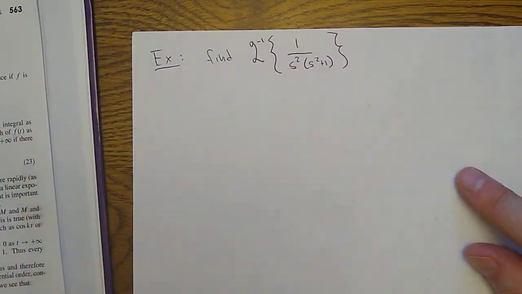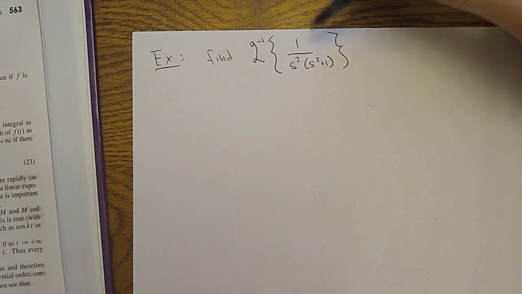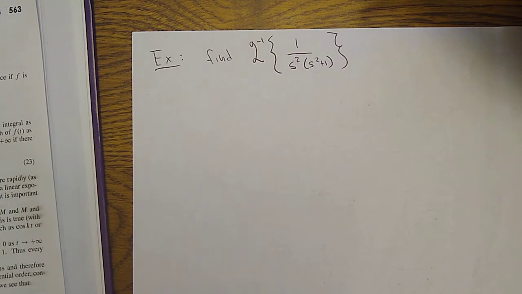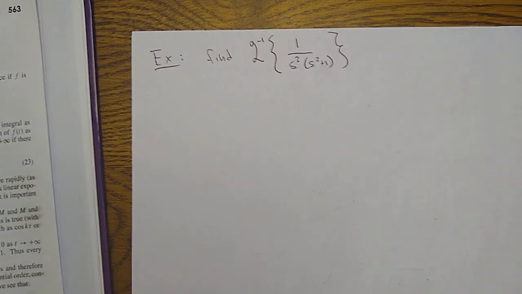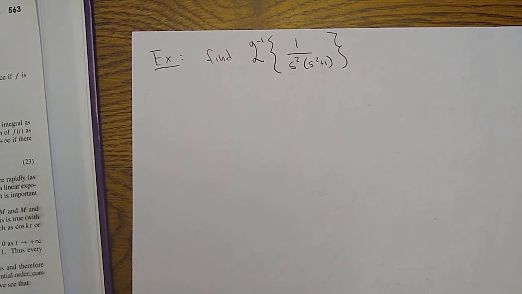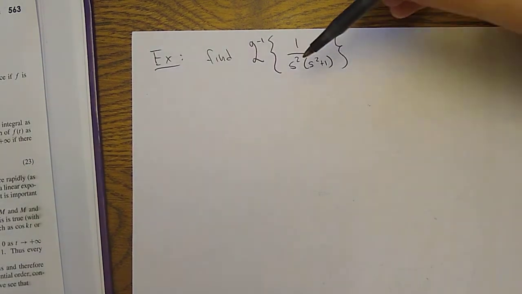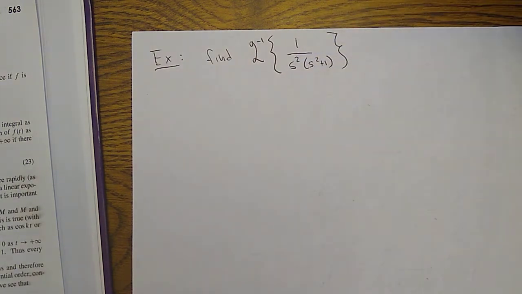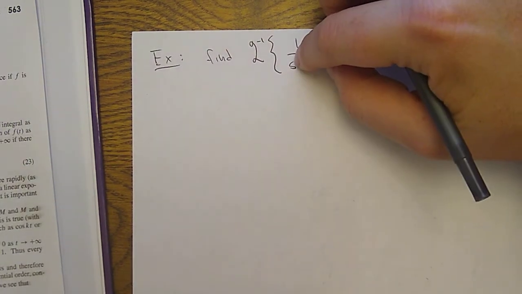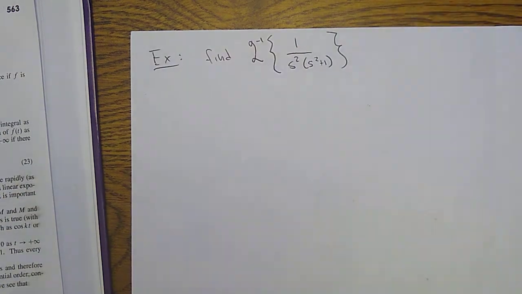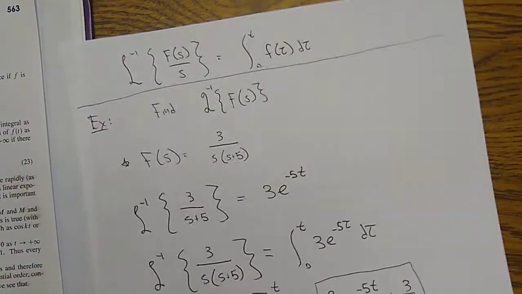So let's do another one. This one: 1 over s squared times (s squared plus 1). So I'm going to start the same. Right, okay, I've got s squared in the bottom. I could take one of the s's off, because what did I do last time?